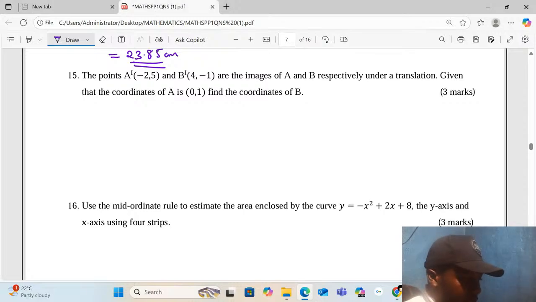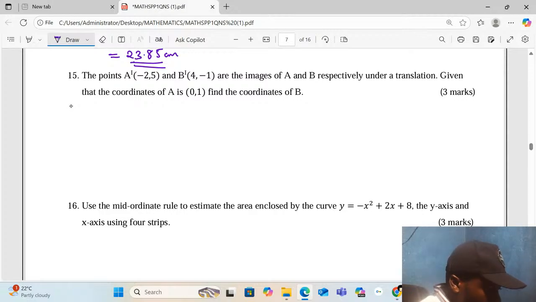Given that the coordinates of A is (0, 1), find the coordinates of B. Now this one is going to be somehow simple, because you are given the image and the object of A, so we can use them to find the translation T. Then using the image of B, we can find the object of B. So we quickly move to finding the translation.